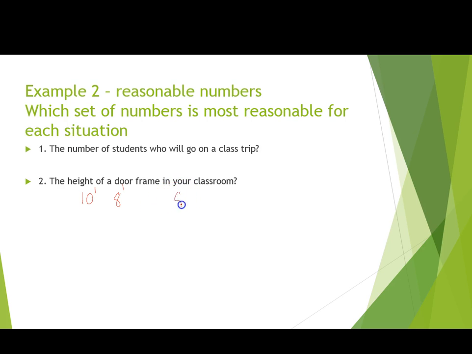There are doors out there that are 8.5 feet more than likely, or 12 and 1/4 feet, 12 feet 3 inches. And those would be possible heights of door frames. All of these numbers could best be defined as rational numbers. So the answer to this one would be rational.